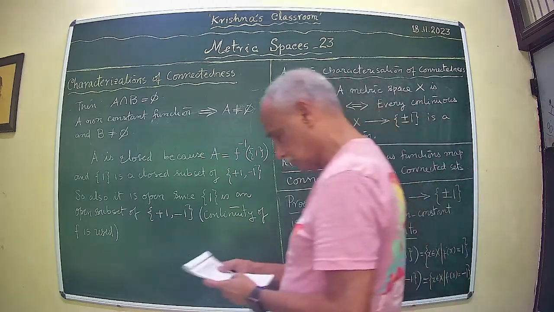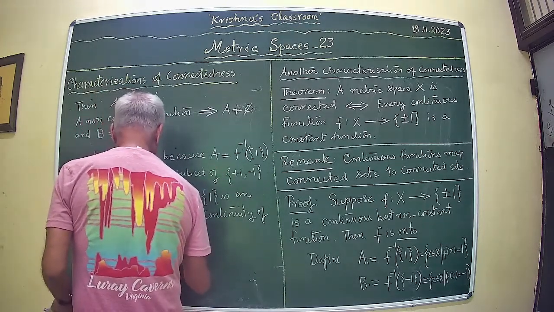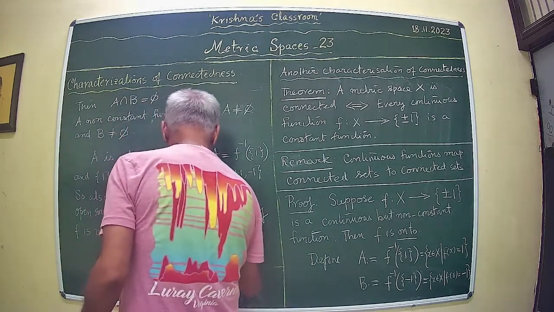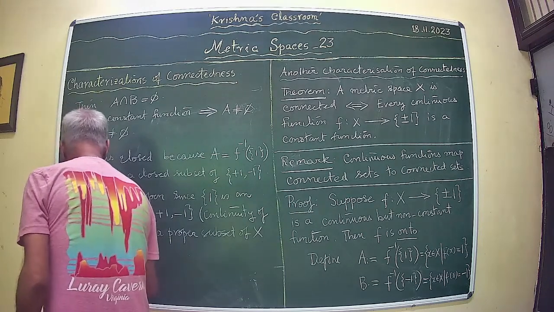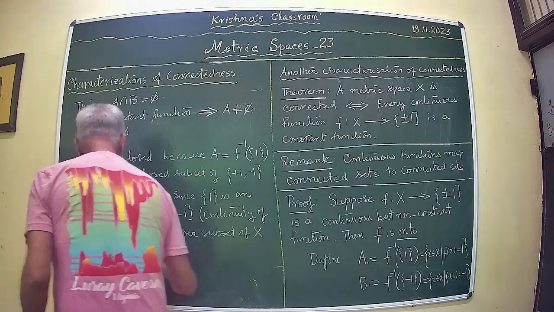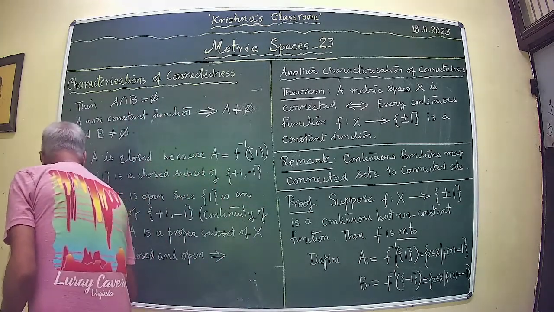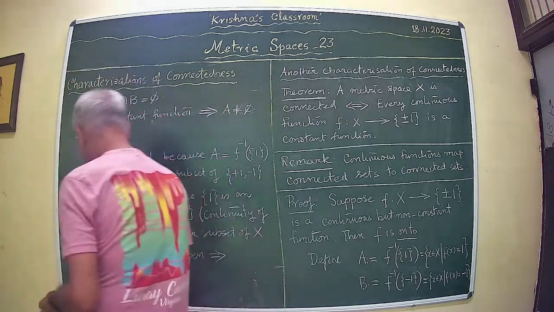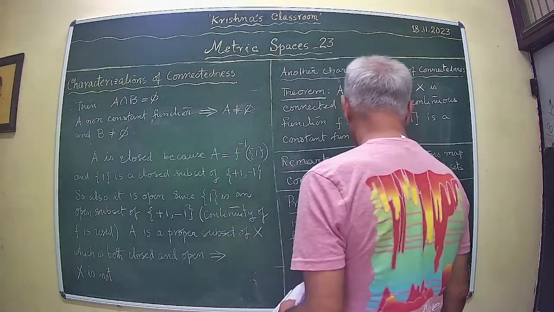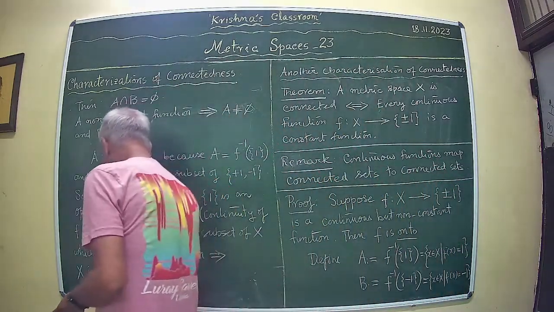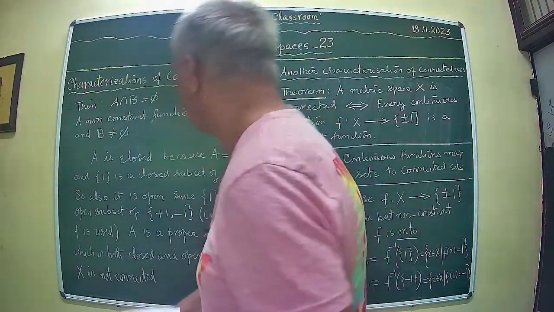Okay, so it implies X is not connected. So what is the consequence? And again a contrapositive statement.